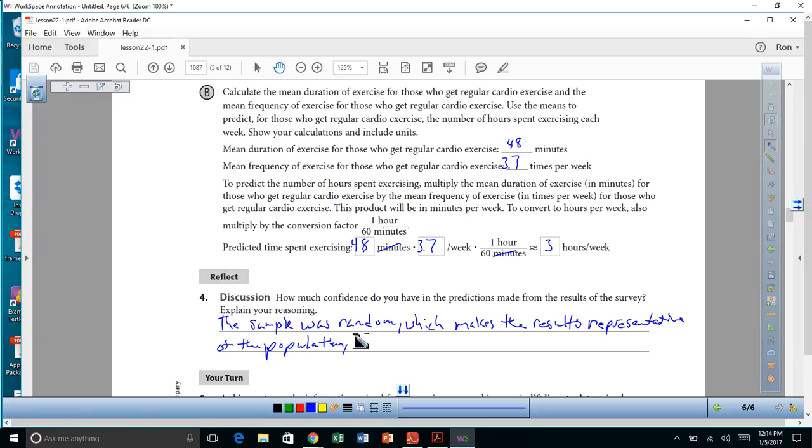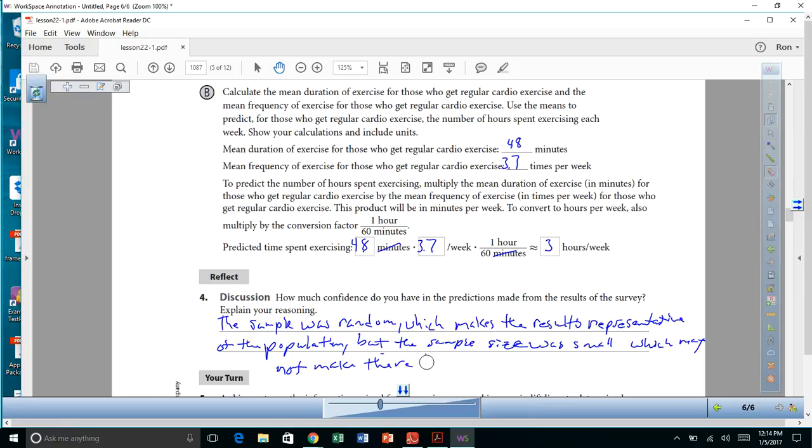But the sample size was small, which may not make the results accurate.